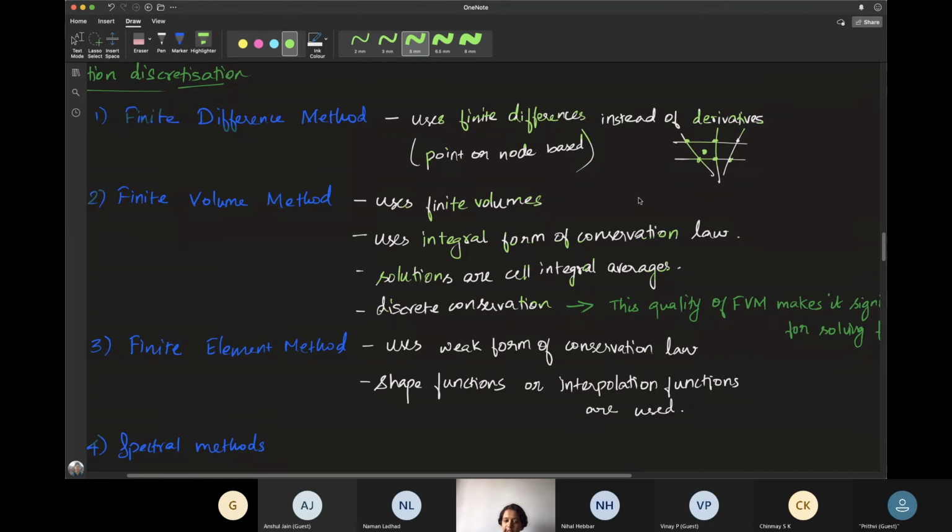That is, if you consider some volume, the rate of change of any quantity inside that volume is equal to the flux of that quantity going across the surface of that volume. That is known as conservation. Here, the finite volume method inherently has discrete conservation. In each of these finite volumes there is conservation.